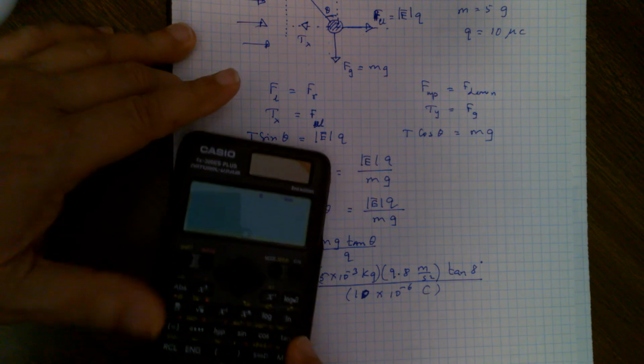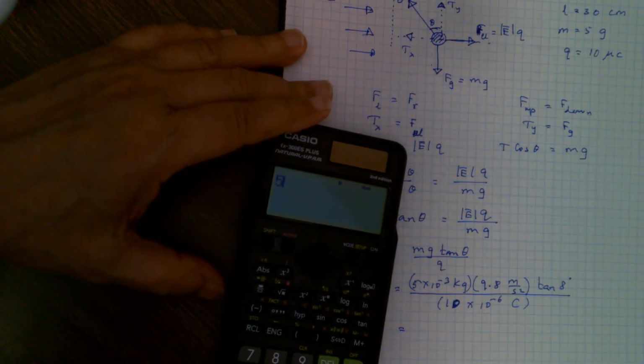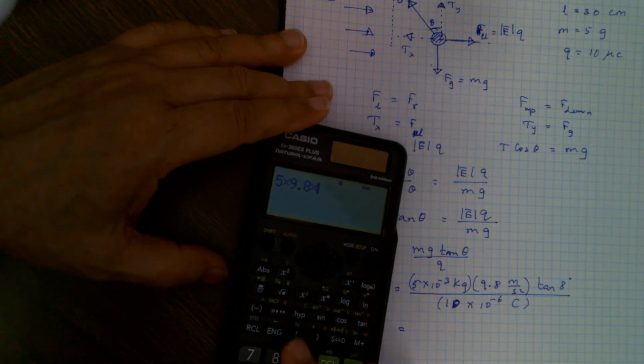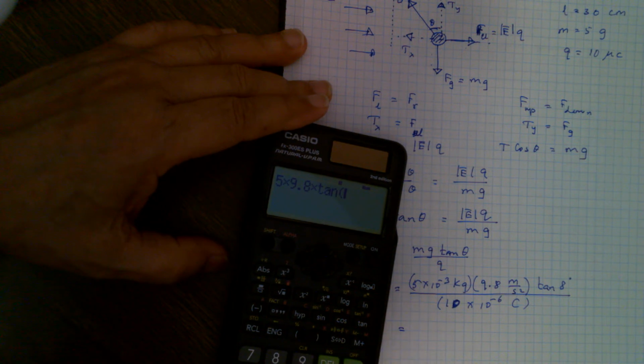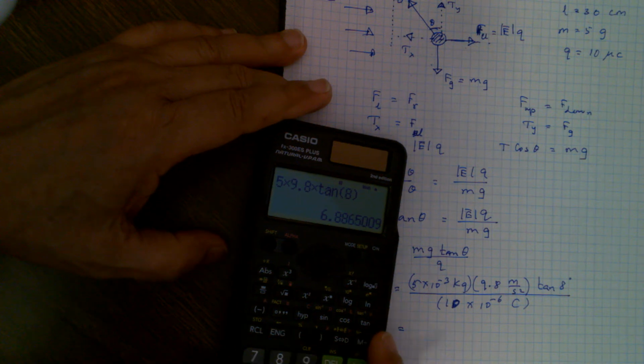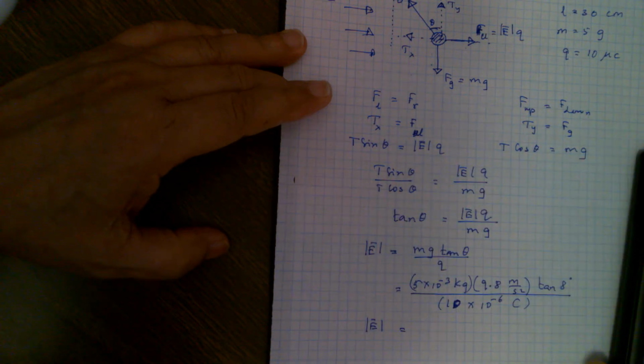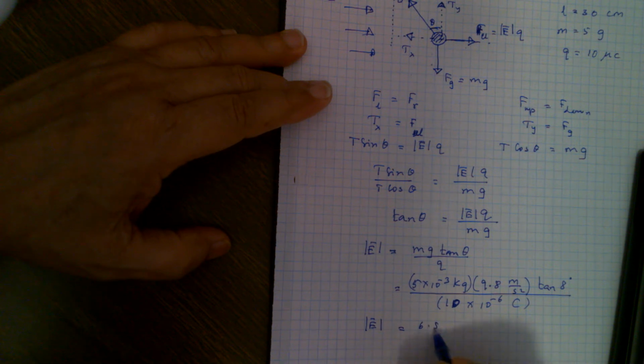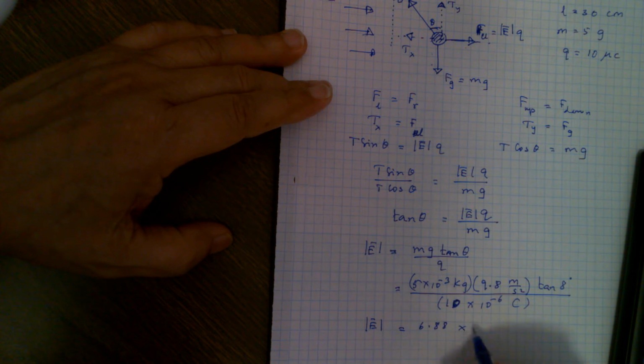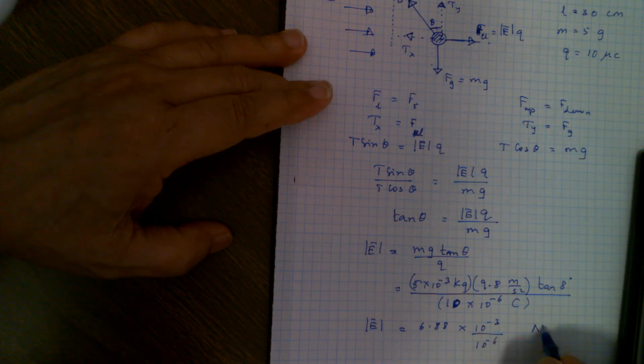I don't know if you can see it, but that's 5 times 9.8 times tangent 8 degrees, which is equal to 6.88 times, I just multiplied 5 and 9.8 and tangent 8 degrees, and then this is 10 to the power minus 3 divided by 10 to the power negative 6 newtons per coulomb.